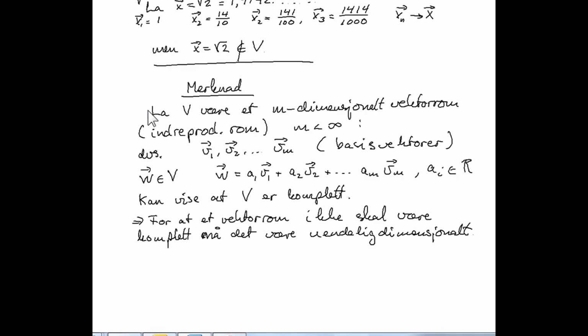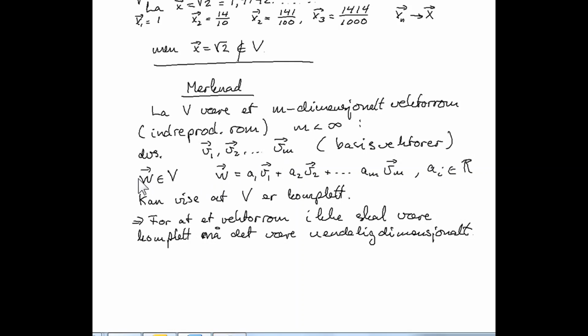Note the following. If V is an m-dimensional vector space, or an inner product space, and m is a finite number, that means that we have m basis vectors. And recall what a basis vector is. A set of basis vectors spans the space.